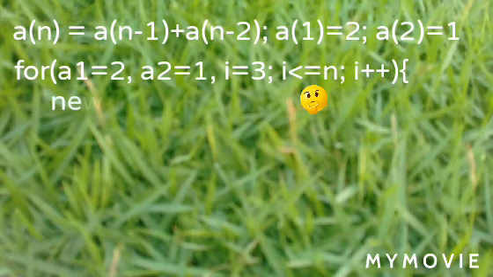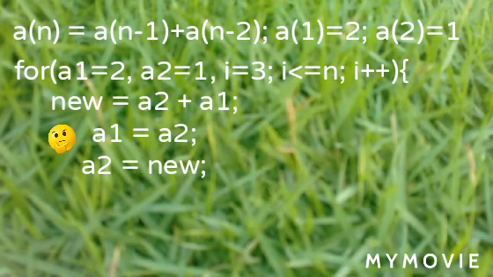The recursive part is different because the goal here is to move the new value to a2 and the value of a2 to a1. But why do we need a new or a temporary storage? Why not assign directly? Okay, so to know the difference, let's compare the two.